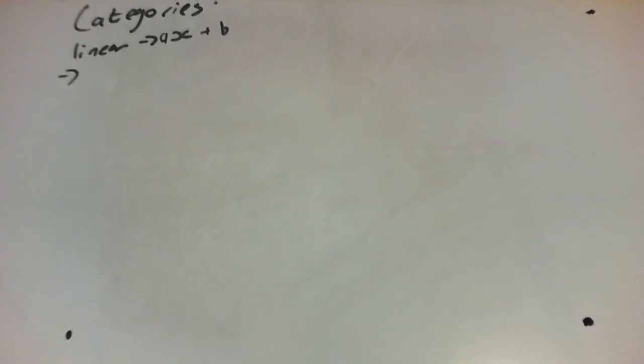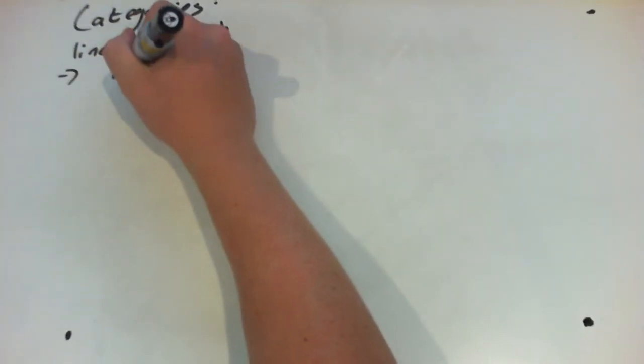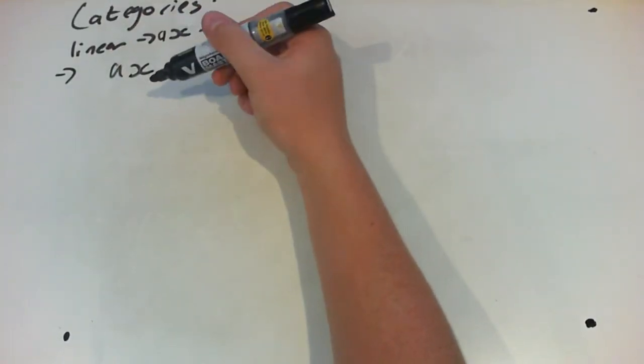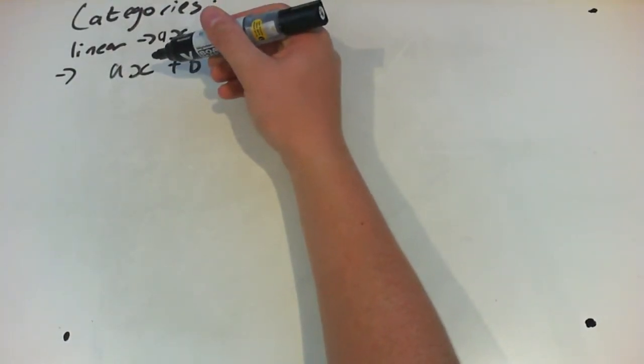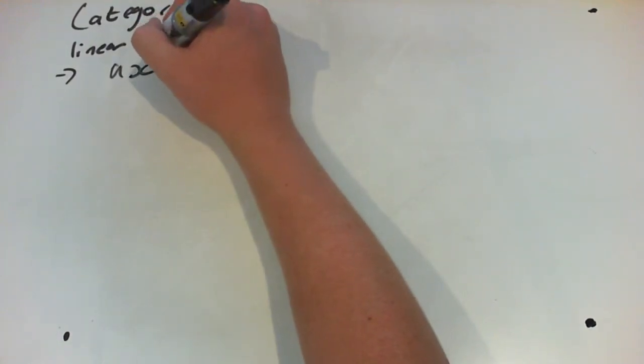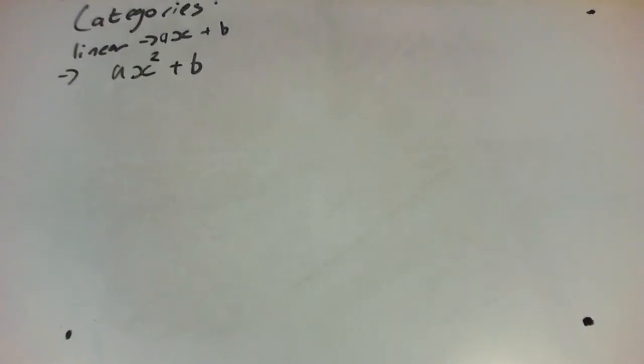Now we can ask this. Let's be curious. What happens when we increase that exponent to another number? What happens when this exponent is not 1? In grade 10, you only learn about it being 2.